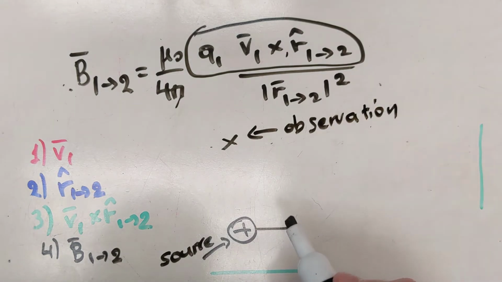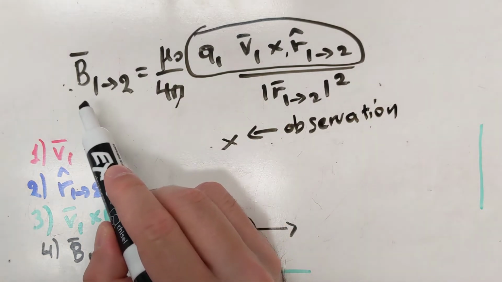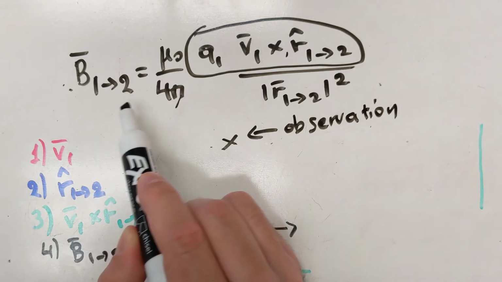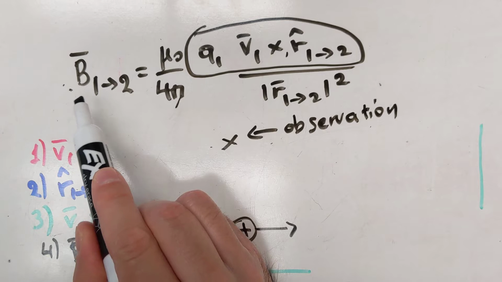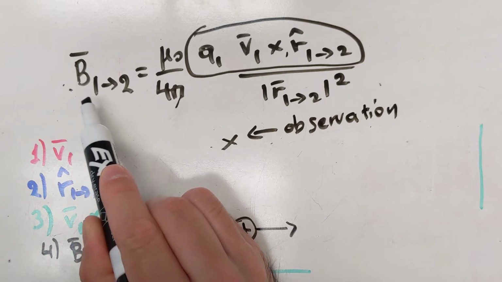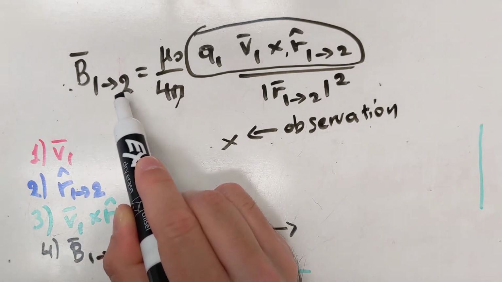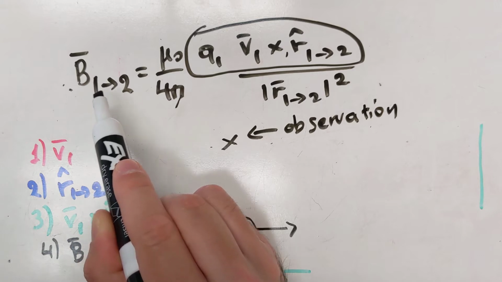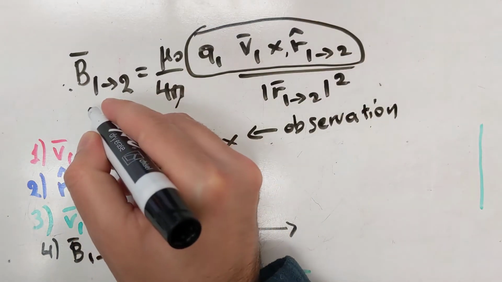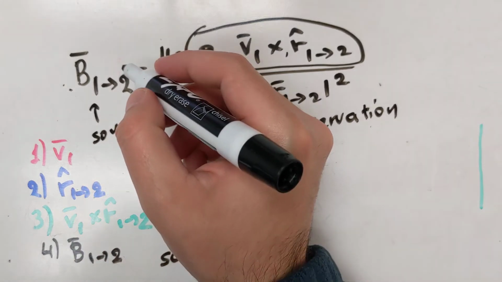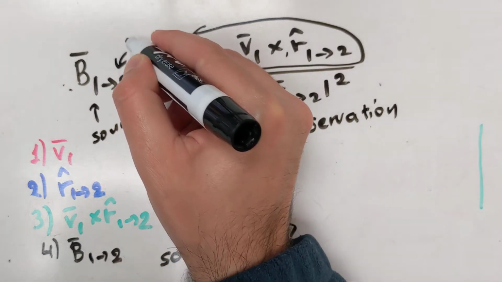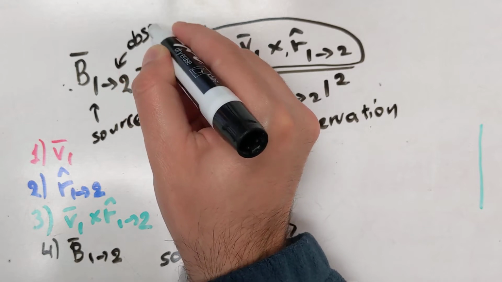Now, when you see B from 1 to 2, what I mean with that is the magnetic field that the charge at location 1 creates at location 2. This is the source, that's the observation. So this is source, and this here too is observation.